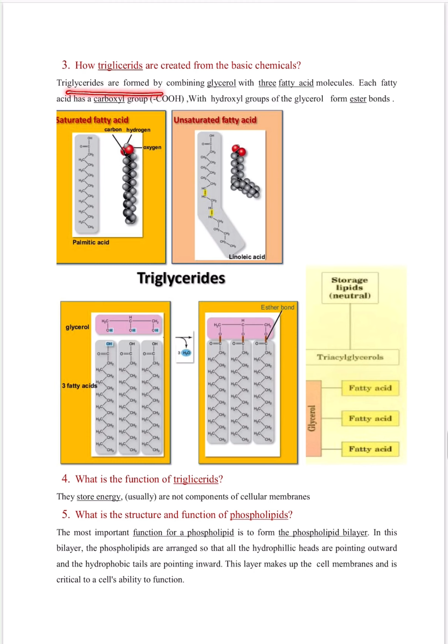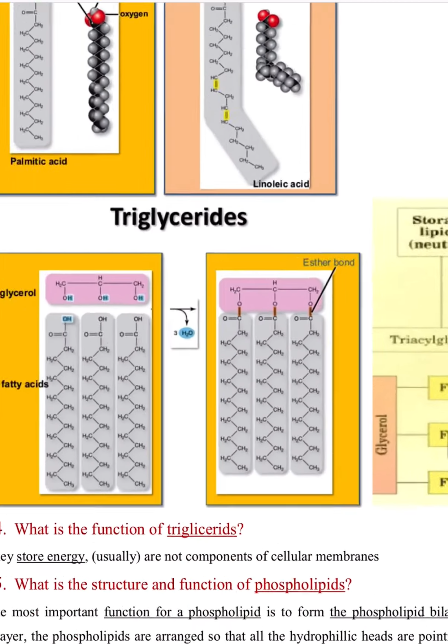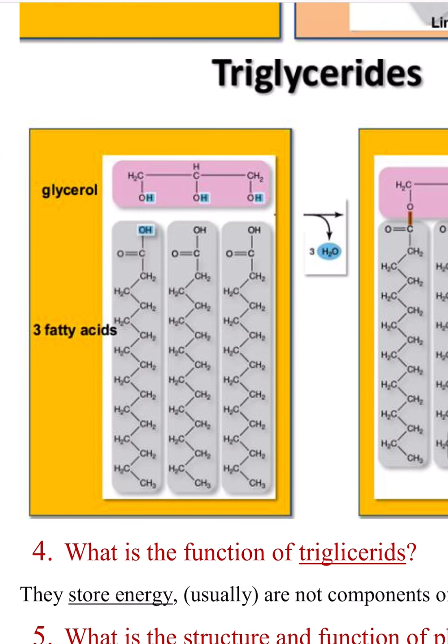Triglycerides are formed by the combination of glycerol and fatty acids. As you see here, it is glycerol, or we can say 1,2,3-propanetriol. It is a triol alcohol.